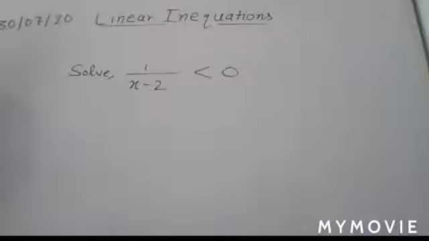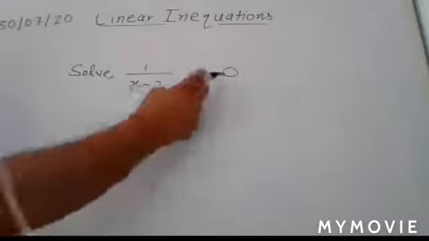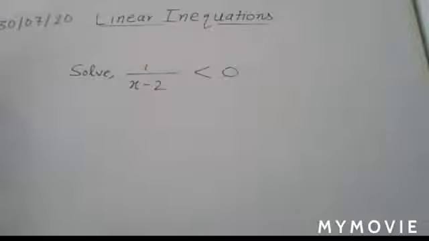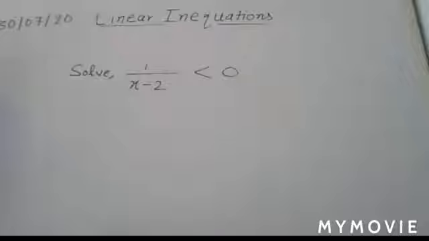If you have the result 1 upon x minus 2 is less than 0, then when you take the reciprocal, the sign of inequality is not changed.